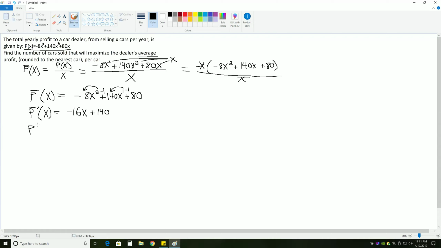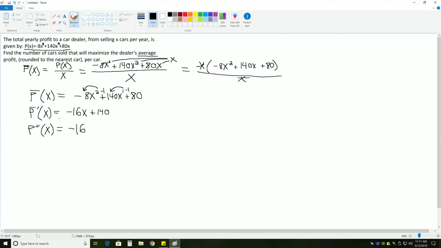Now we can find our second derivative. The derivative of negative 16x, just like the derivative of 140x, is just going to be the number that's multiplied to our x, which in this case is negative 16. So we get negative 16, and then the derivative of 140, just like the derivative of 80, is 0.